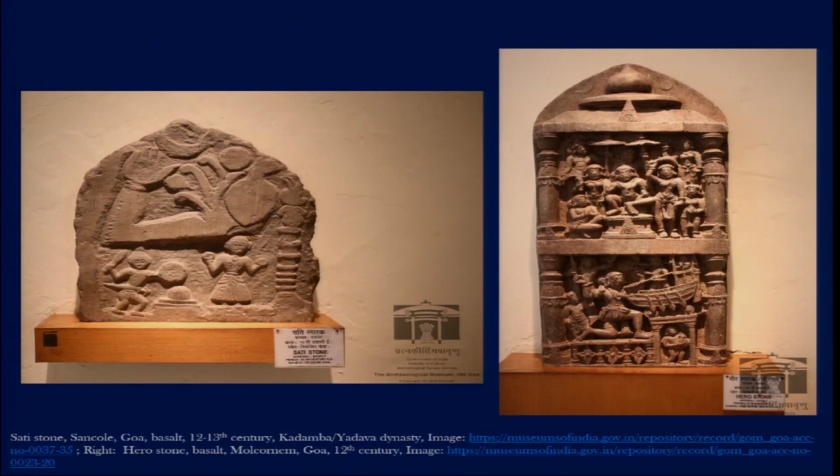So for that reason we can also imagine that this warrior figure, and then this other figure, perhaps a woman, perhaps a miniature version of the person, or maybe an attendant figure, are all presented as part of the Sati stone.